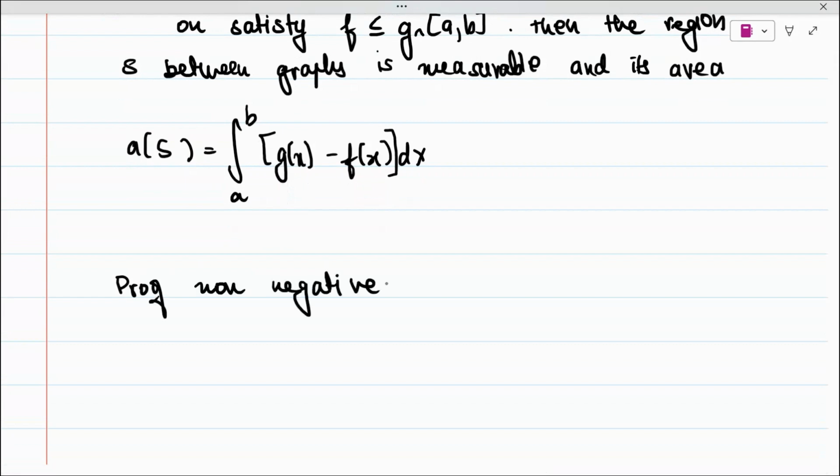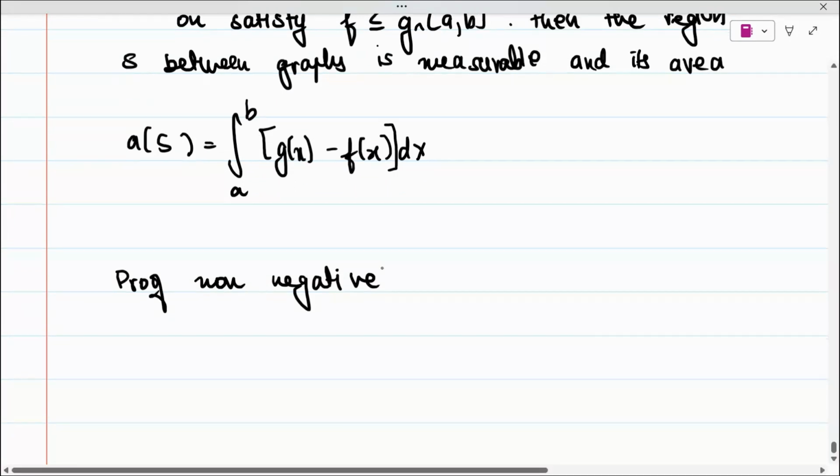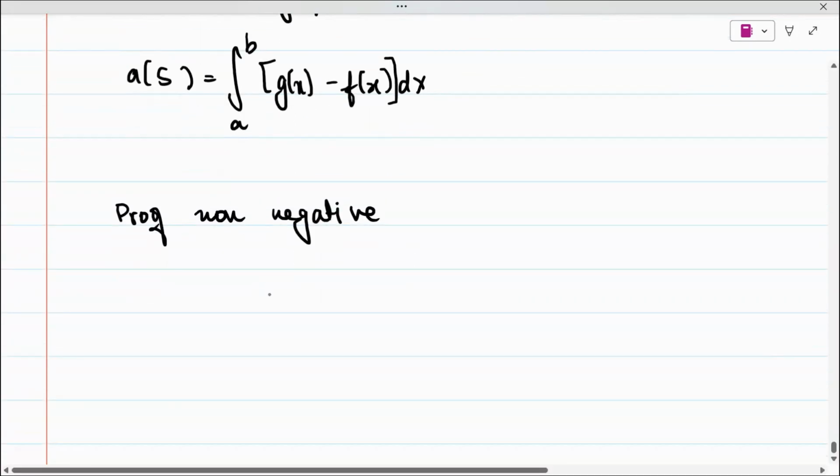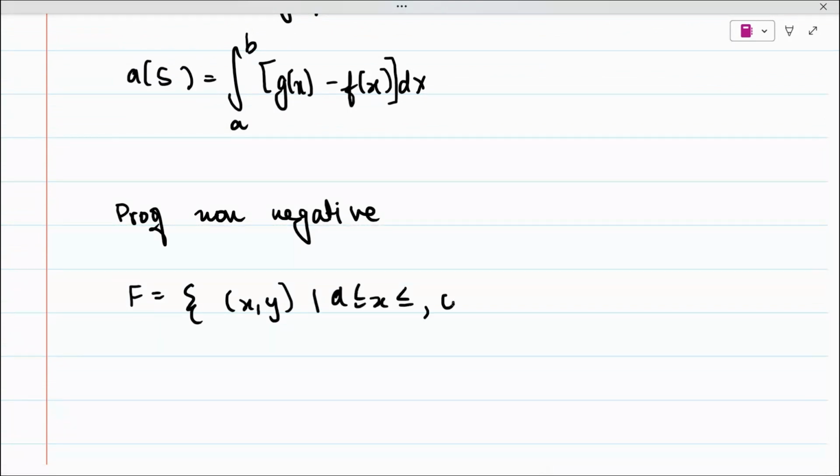That is, both f and g are greater than or equal to 0 for all x in this interval. So first, we say f has an ordinate set: the set of x in that interval and all y under the graph of f, except the graph itself.